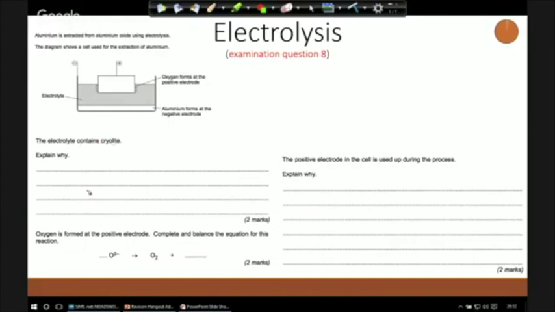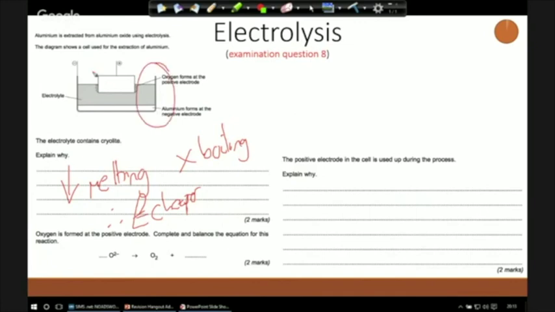Well, if you remember, it's going to reduce our melting point. You won't get a mark for saying boiling. We're not boiling the aluminium oxide, but we are melting it. And if it reduces the melting point, it is cheaper. Or you could say it's less likely to melt the actual bits of equipment that you're using.